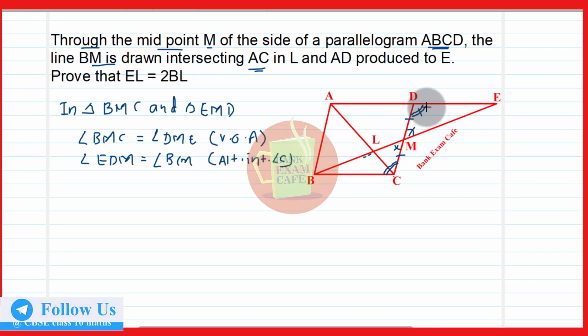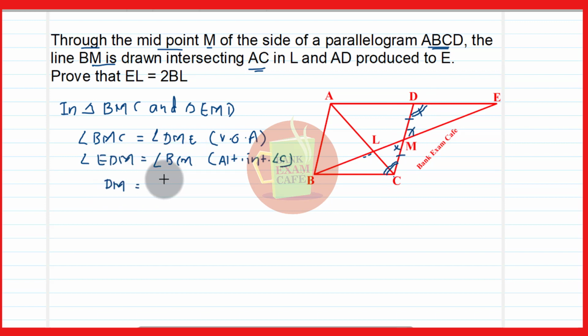Correct? These two are alternate interior angles and these two are vertically opposite angles, and also DM is equal to MC because M is the midpoint of DC, that is given. Or you can write that M is a midpoint of DC.